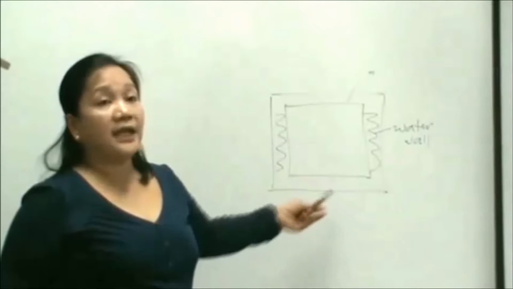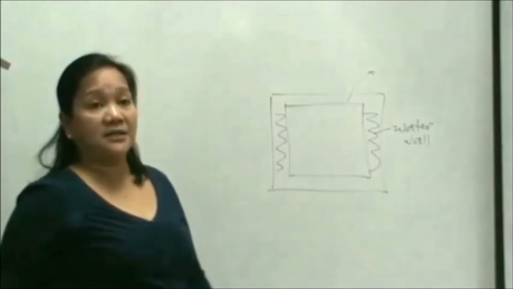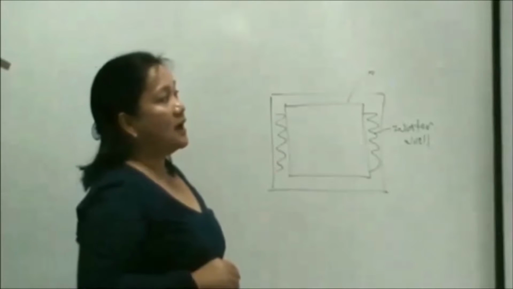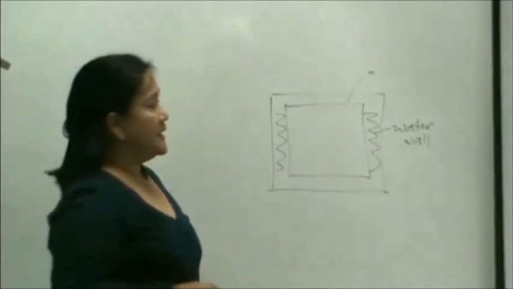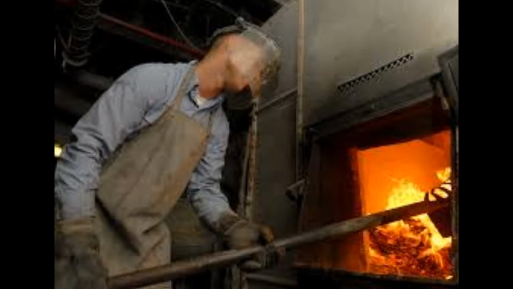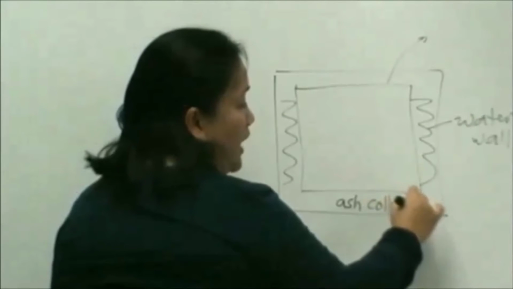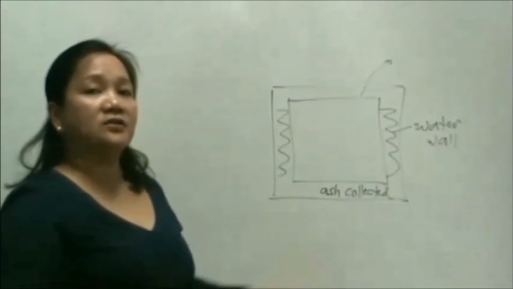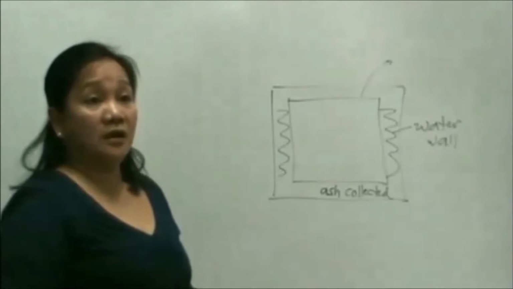Now, another engineering part or modification for incineration to avoid this risk would be the collection of ash. So, the ash here is collected. Why? Because definitely, in order for the incineration to occur, you need to have coal.